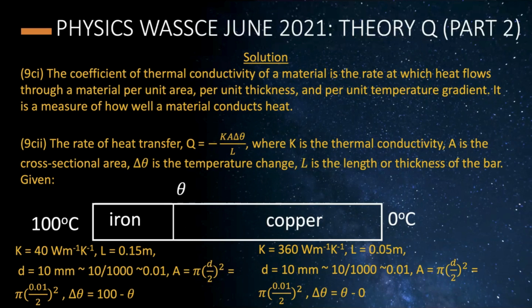So I hope you are following and that you understand what we are doing and why these things are happening the way they are happening. Before I forget, I was going to mention that the diameter is in millimeter. Remember, when you are solving anything at all, you need to make sure that all your units are in the SI unit. So millimeter is not an SI unit, and you need to first convert that.